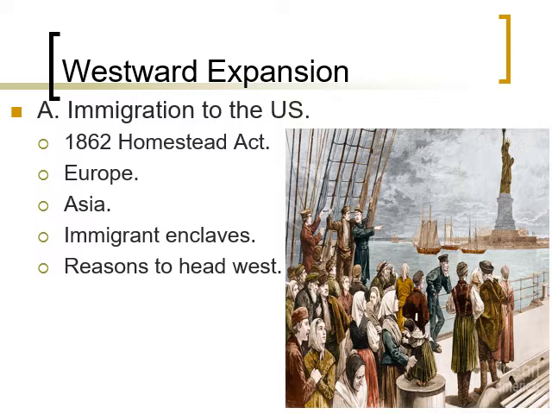There's another problem with those immigrant enclaves. As I mentioned before, you have high unemployment rates, especially along the eastern seaboard of the United States. You just got a lot of people looking for the few jobs that do exist at that moment in time. So we need these people, all of them really, just as many of them as we can, to move out west, to take the train and head west.